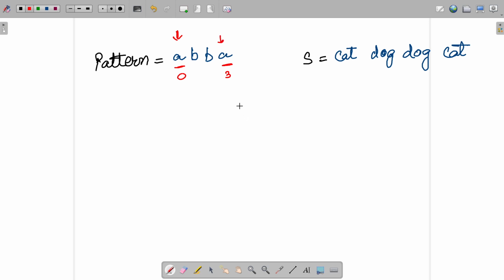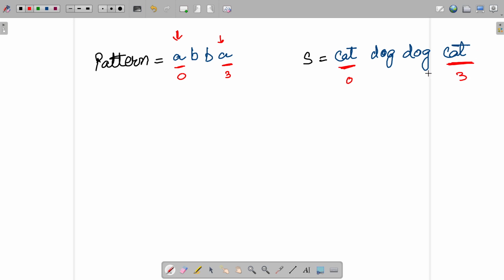In the same way, if A is equivalent to cat, then this cat should be present at the last index, as you can see there.